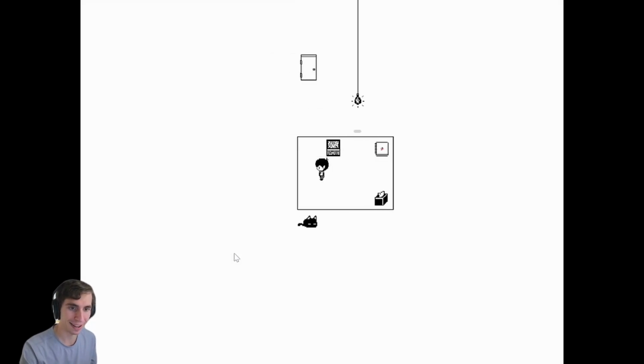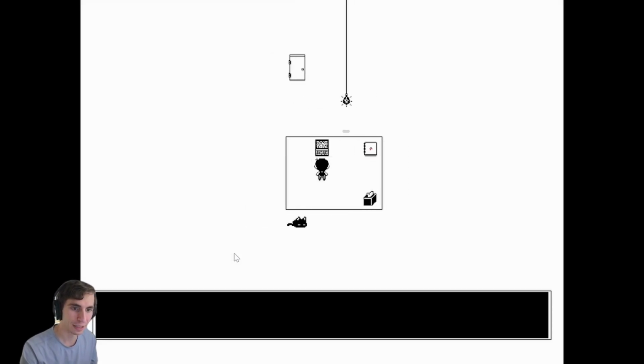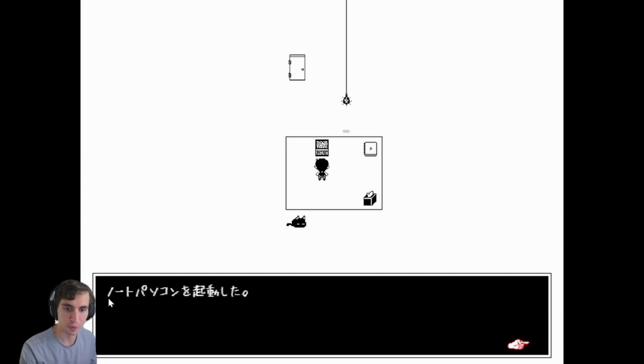So we'll just back out of that, and we have a laptop here. So we have noto pasokon. Noto pasokon. So noto pasokon, that is laptop. So if you just have pasokon, that's computer. Noto pasokon is a laptop.